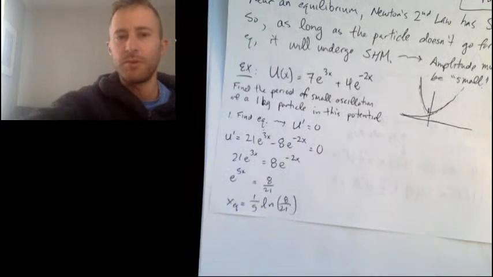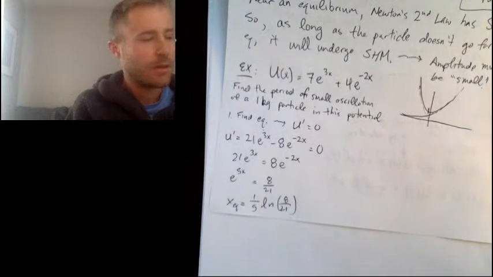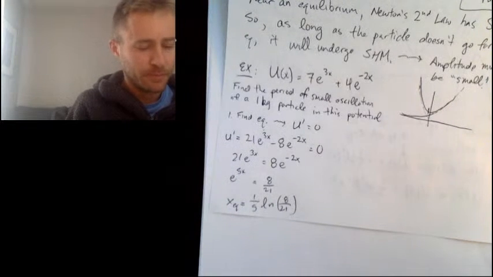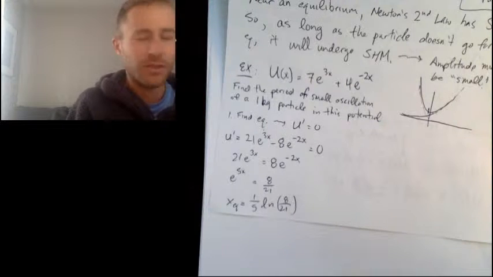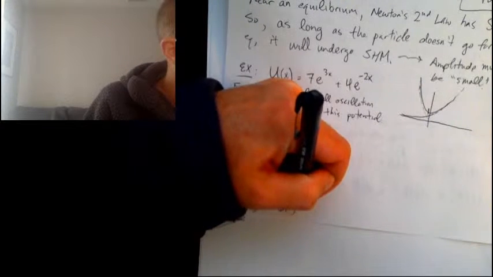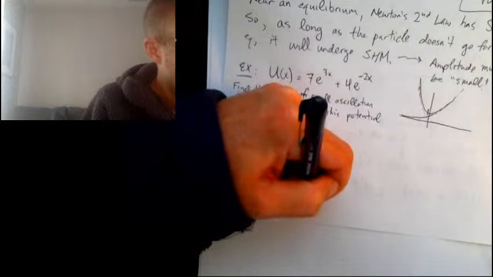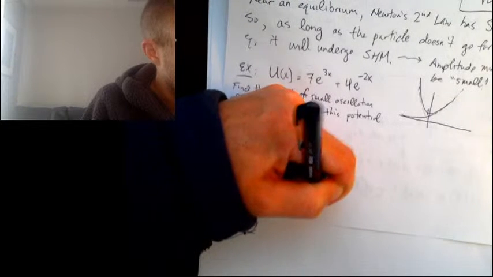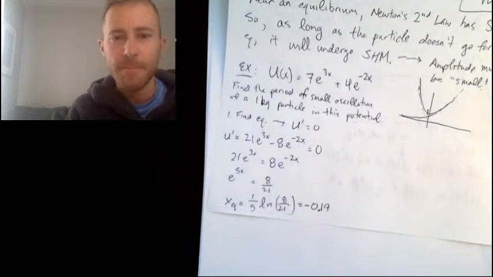Let me compute that. So that tells me that the equilibrium is at x equals minus 0.19 meters.